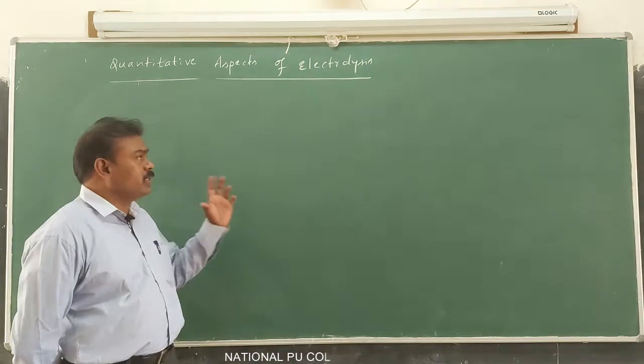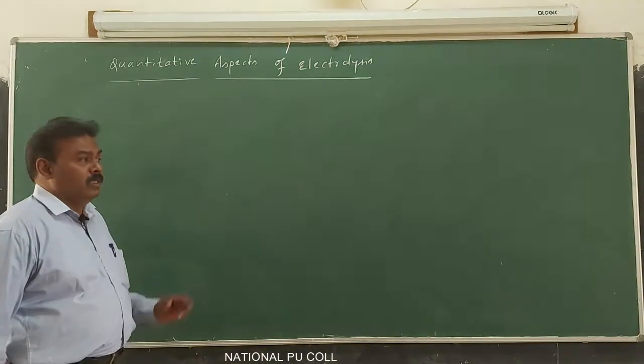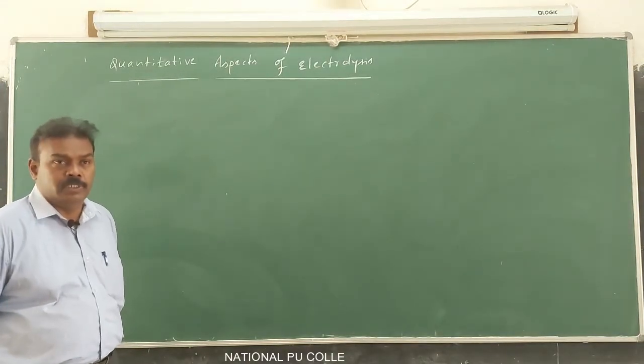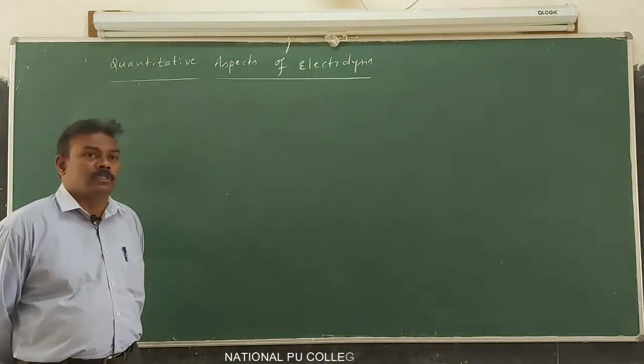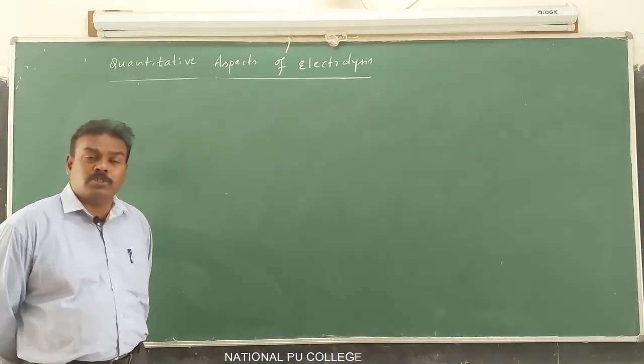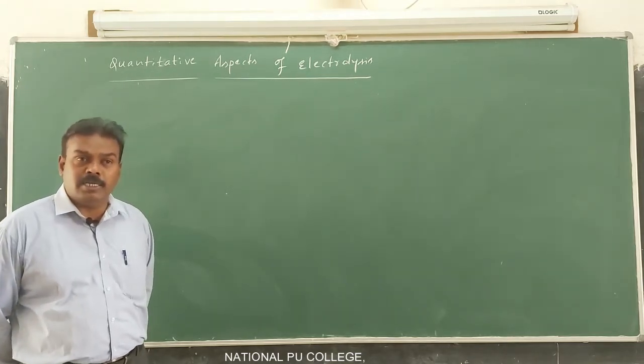In the electrolysis process, electrolysis takes place in the electrolytic cell. In the electrolytic cell, there are two electrodes: one is the anode and the other is the cathode.